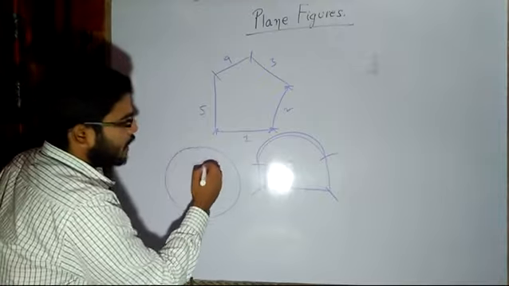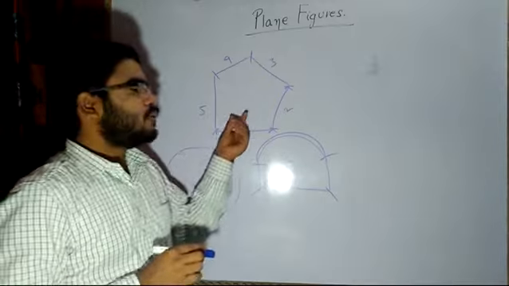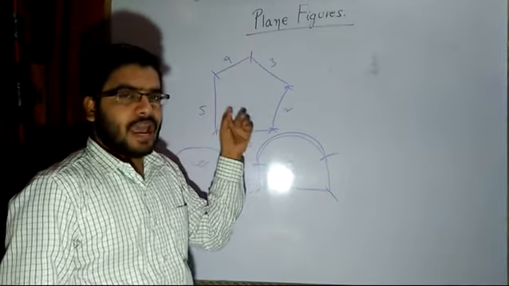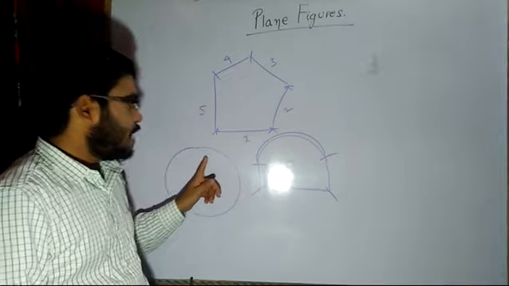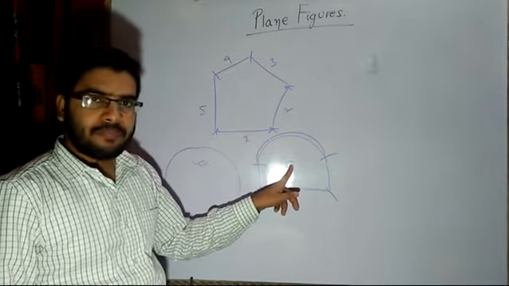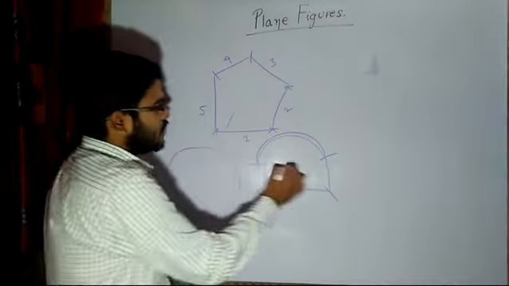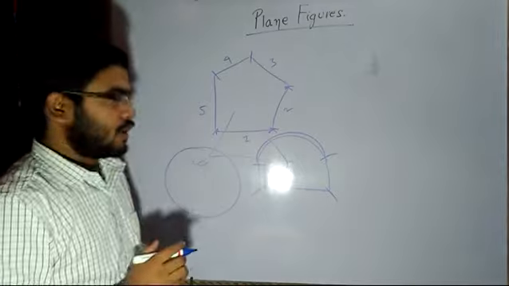So this is also a plane figure. So what did you understand? A plane figure is formed by joining line segments, or by joining curves, or by line segments plus a curve. All three things are possible to form a closed figure.